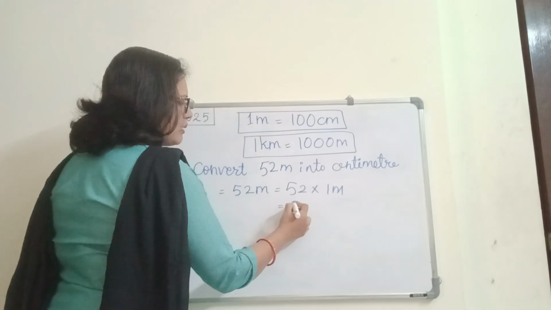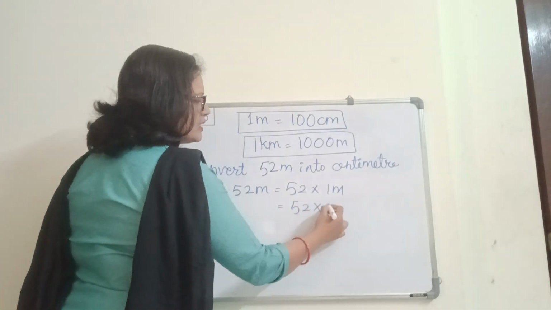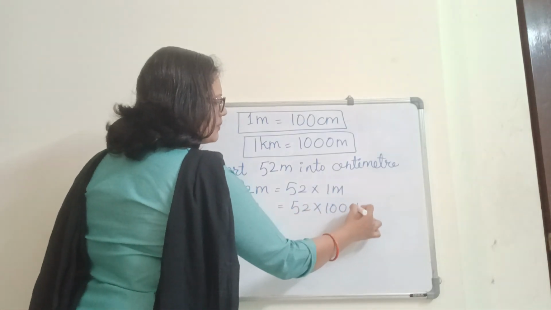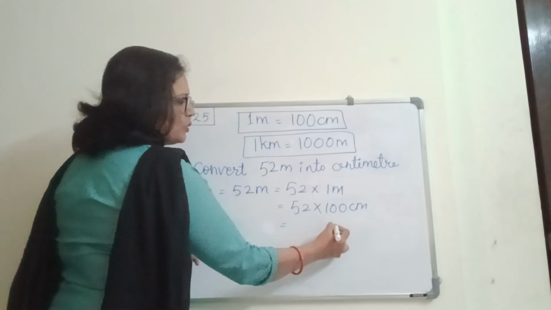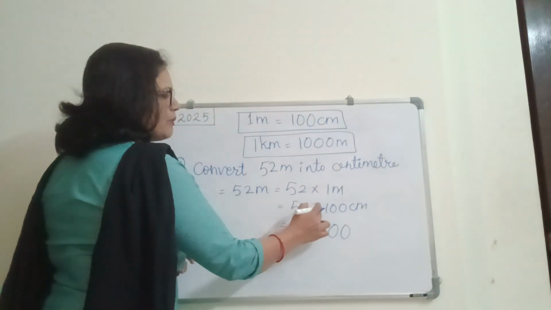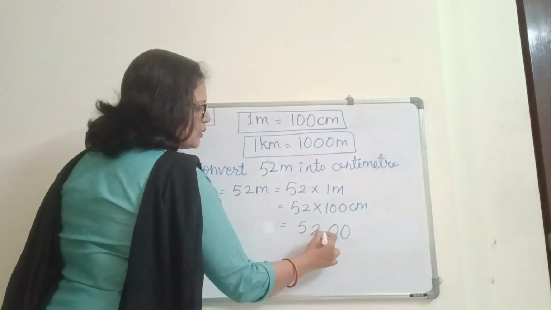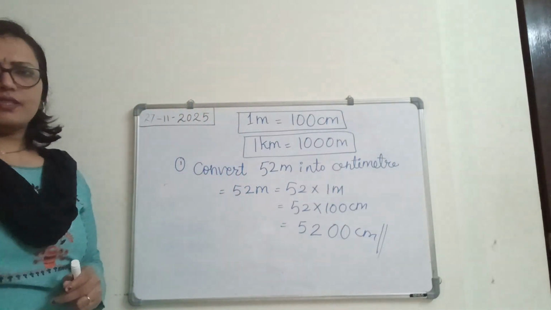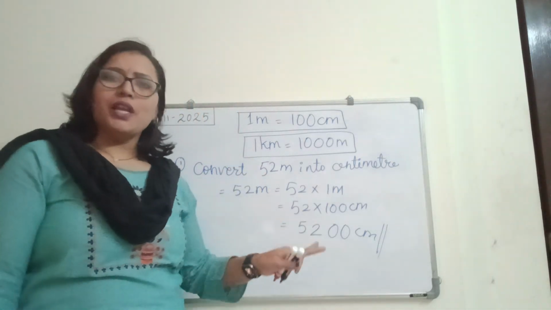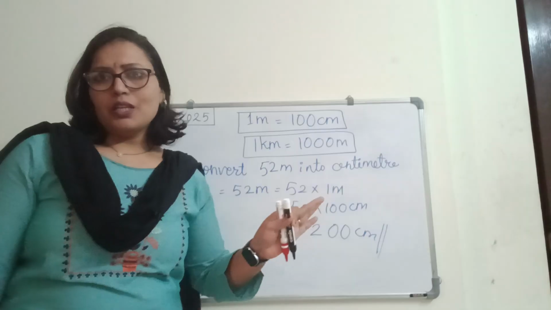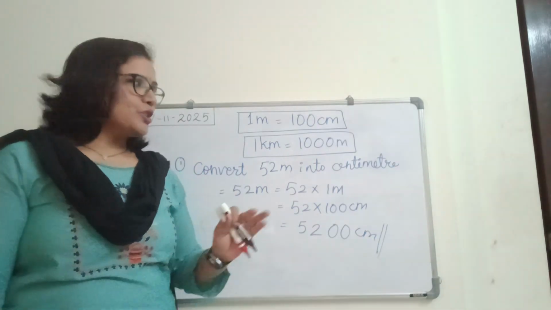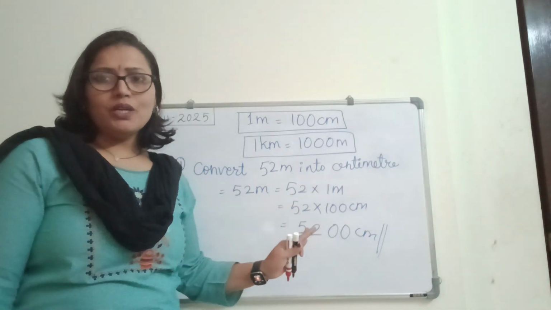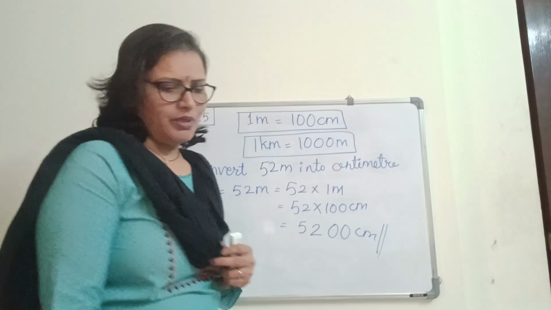Now 1 meter means how many centimeter? It is 100 centimeter. Now multiply: 52 ones are 52, then the zeros, so 5200 centimeter. This is your answer. This way you can convert from meter into centimeter.